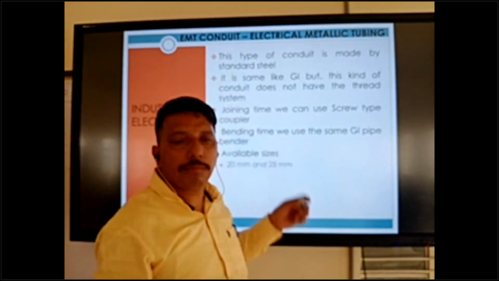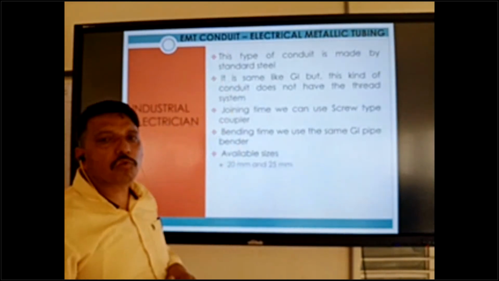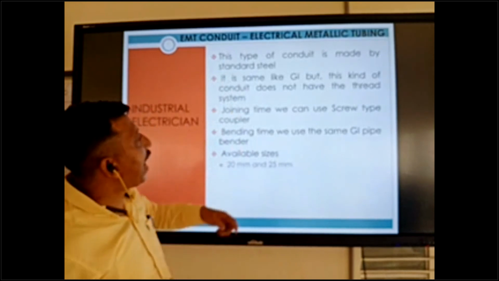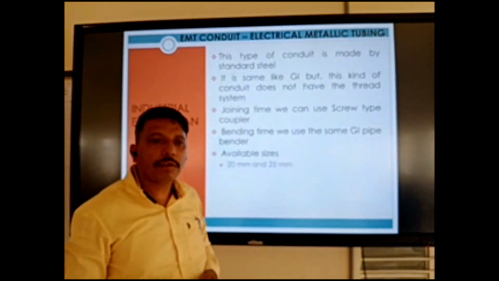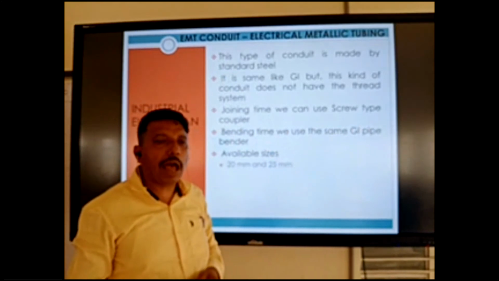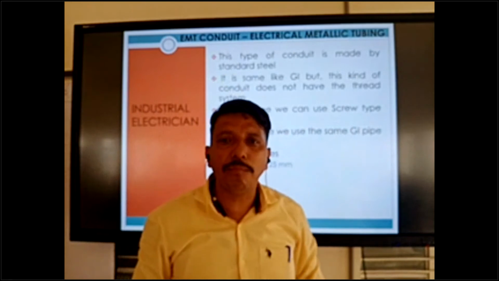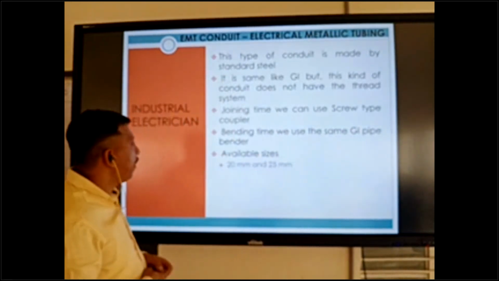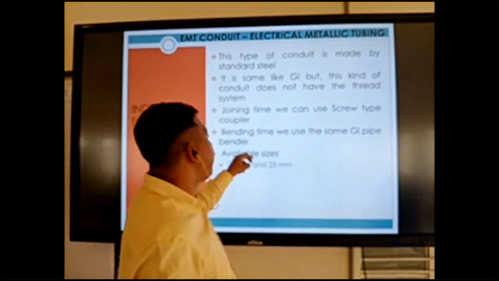I will show you a picture of this one. No problem. So we can use a screw type coupler for joining purposes. Screw type coupler is used at joining time. For bending this EMT pipe, we use the same GI bender.